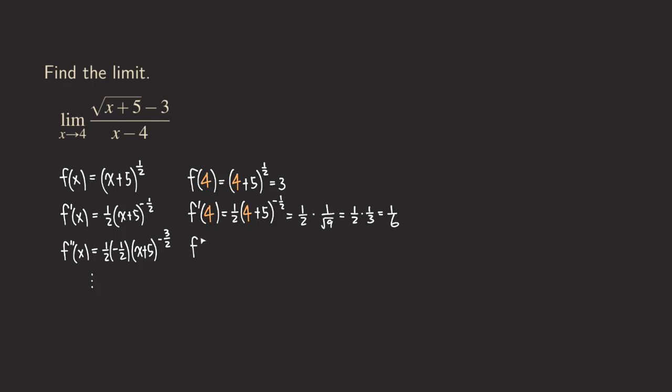And then now continue. So we have f double prime of 4. What do we get here? We are going to get negative 1/4, as you can see here, 1/2 times negative 1/2. And then this one is still the same thing. So we plug the 4 in there, so we have 4 plus 5 raised to the negative 3/2. And what is that? That is negative 1/4 times 9 raised to the negative 3/2, which can be written as 1/9 raised to 3/2.